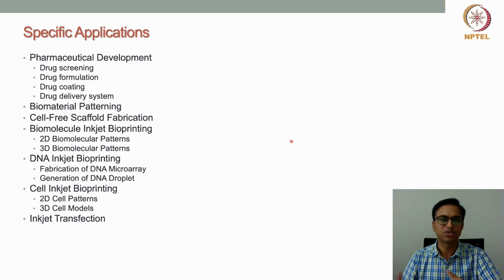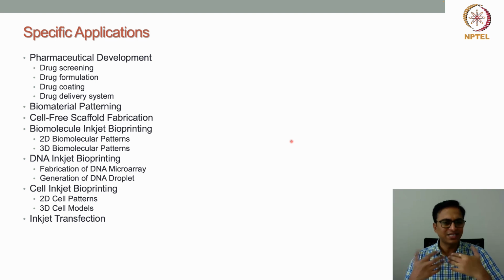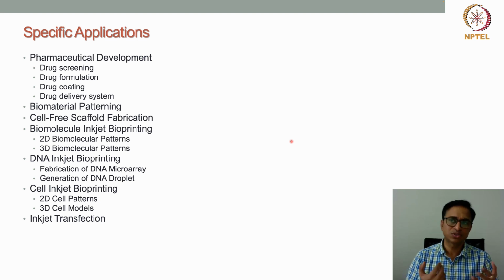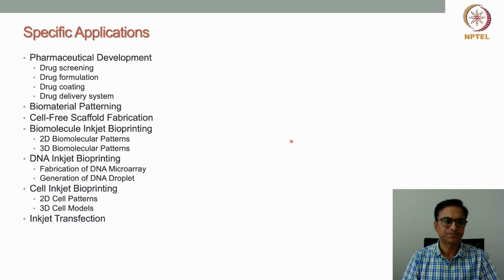Either 2D patterns or 3D patterns are possible with biomaterials, and they have huge applications. They can be used for tissue engineering, for drug screening, and for different other applications.